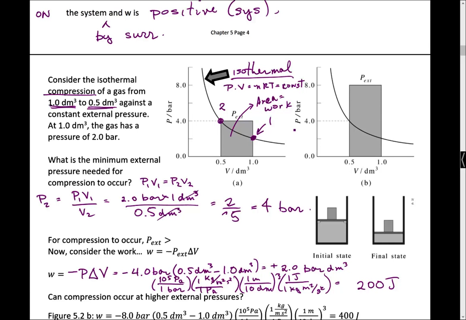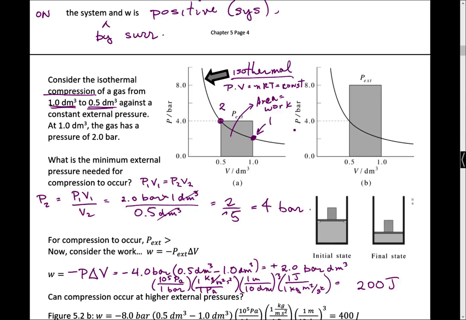If it's greater than 4, I still get the same compression. We agree? So I could double that pressure and stop it here. Because I'm confined to the isotherm, my initial and final conditions from the point of view of the system are absolutely identical. We agree with that?